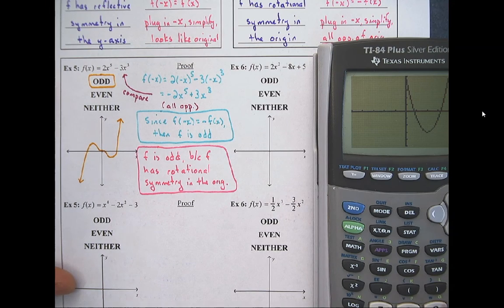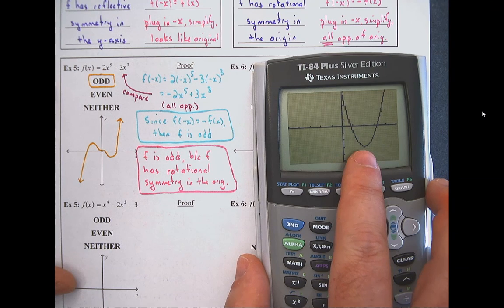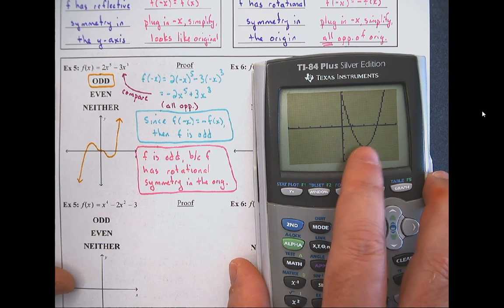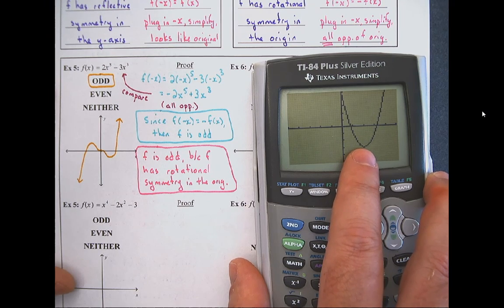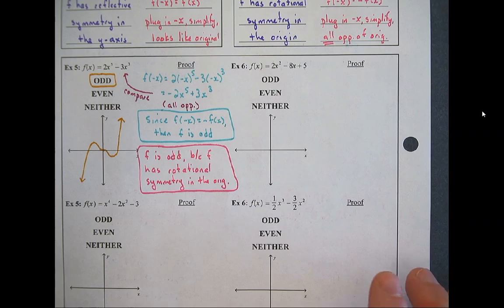Okay, now this is interesting, right? We've got some symmetry going on, or I think there's some symmetry going on. Looks like there's some reflective symmetry, but does it have reflective symmetry across the y-axis? No, it does not. So we're out of luck there.